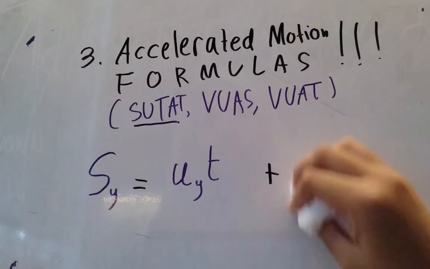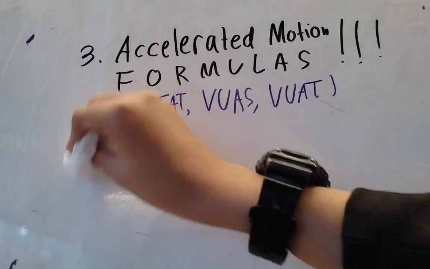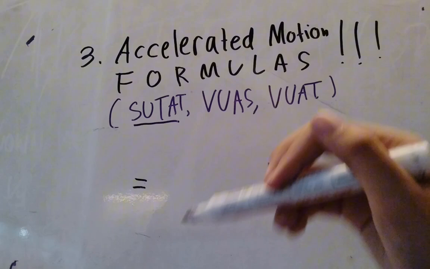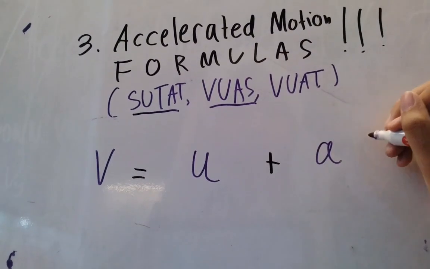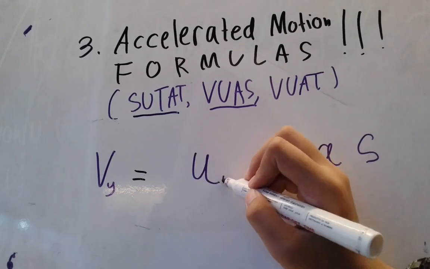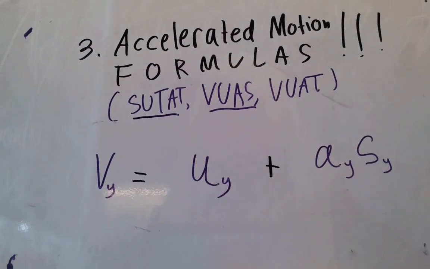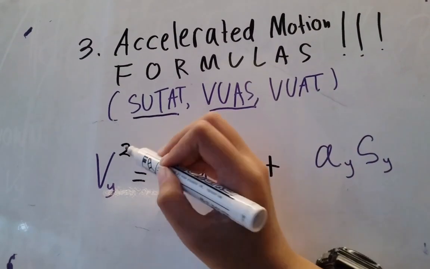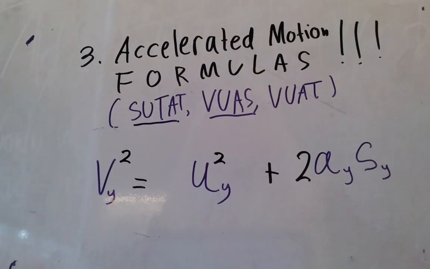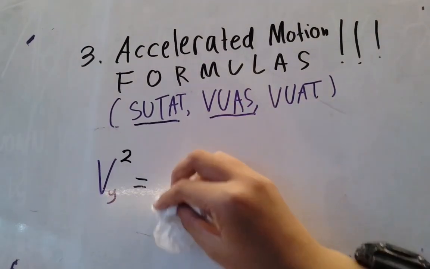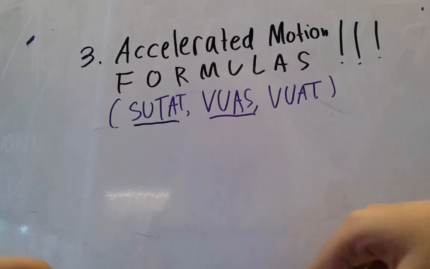The second one is v² = u² + 2as. It is the square of final velocity equals the square of initial velocity added by twice the acceleration times displacement. Lastly, v = u + at. It is very simple.